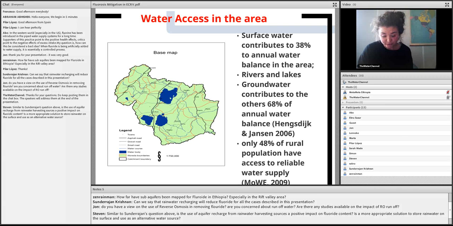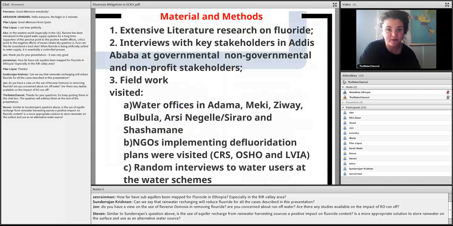It's important to mention as well that according to the WASH inventory, about 50% of the rural population in the Oromia region have access to safe drinking water. That means the other 50%, of course, don't. And according to this WASH inventory, we saw that 70% of the non-functionality is because they don't actually work.